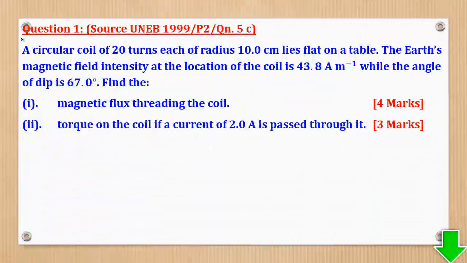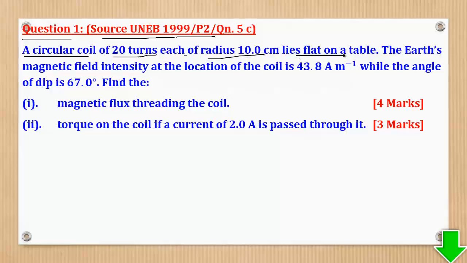So with that, we shall go through some questions. Question 1 came from U.A.C.E 1999, paper 2, question 5C, and it says, a circular coil of 20 turns each of radius 10 centimeters lies flat on a table.